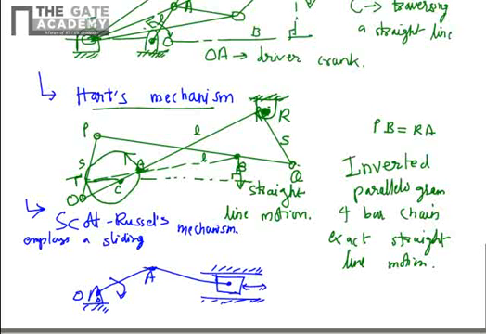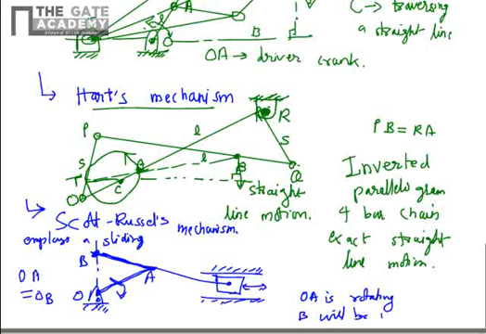However, if you extend this connecting rod in such a way that it comes and intersects the straight line somewhere here, and this point is B, in such a manner that OA is equal to OB, then while the crank OA is rotating, B will be moving in an exact straight line.